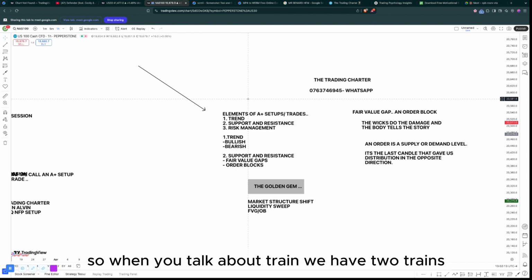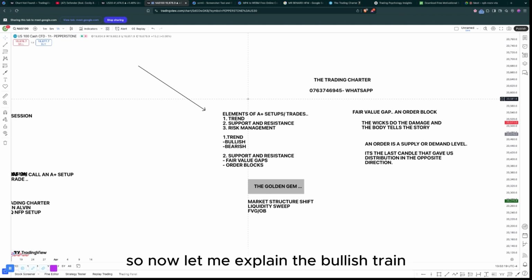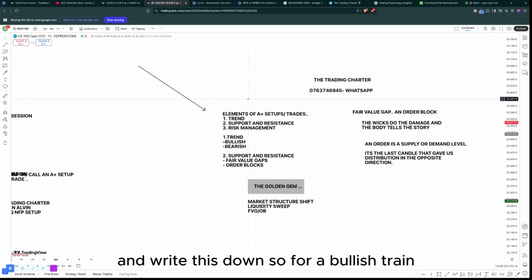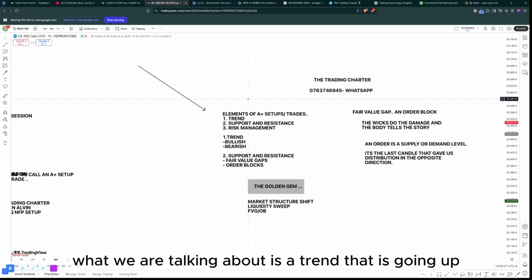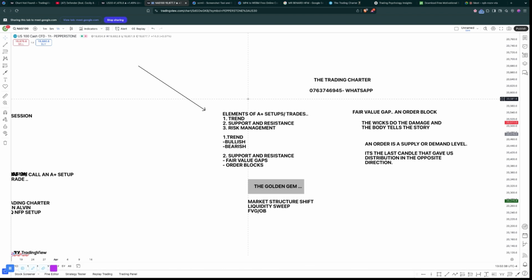When we talk about trend, we have two trends: a bullish trend and a bearish trend. Let me explain the bullish trend first. I need you guys to get a pen and a paper and write this down. A bullish trend is a trend that is literally going up. It is simultaneously going up.